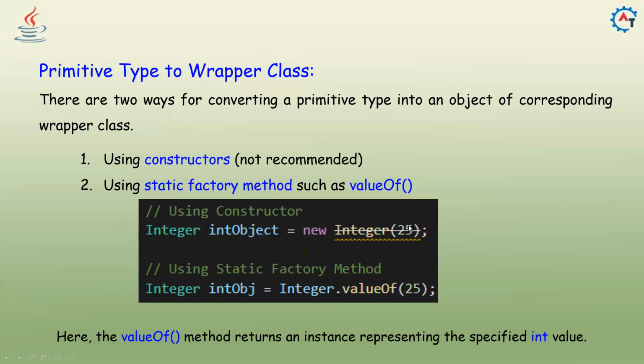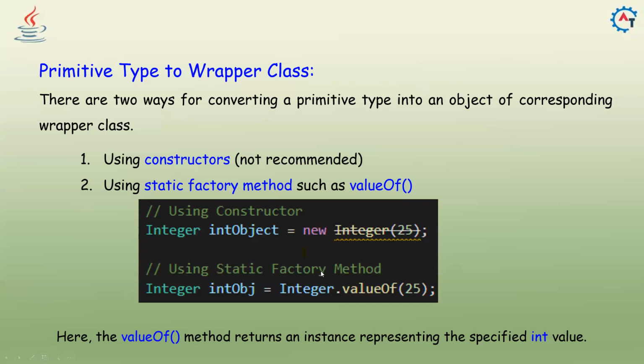So this 25, I'm assigning to this int object. This is called a reference. This way it is deprecated. You will get the output, but it will say it is deprecated. If you write the same code in Eclipse or IntelliJ, you can see a strikeout. But if you write the same thing in a text editor, you may not see that.